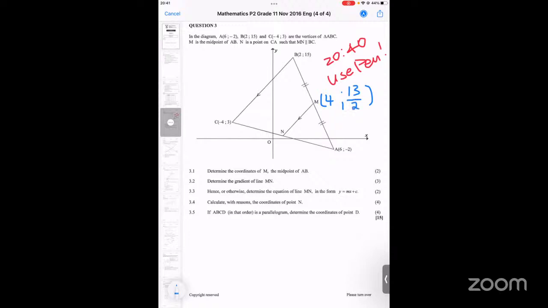So do not write your answers as decimals under this topic of analytical geometry. You must write it as a fraction, or leave it in surd form, meaning you leave the square root of whatever, but you must never write it as a decimal.